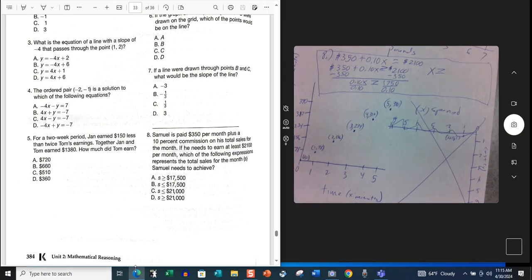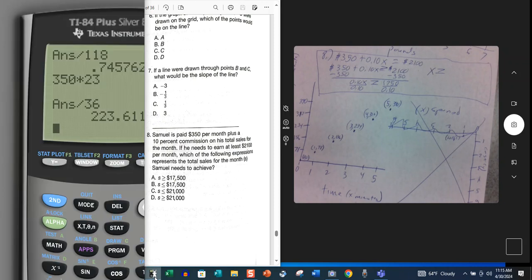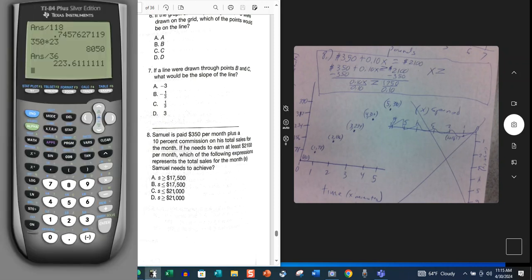Now I'm going to pull up this calculator here. Now remember, you could use the calculator that you're supposed to use on the test, but I'm only using this calculator because it's a basic problem. So all I would do is take 1,750 divided by 0.10 and press enter.